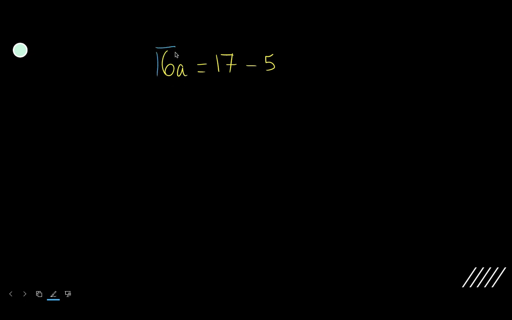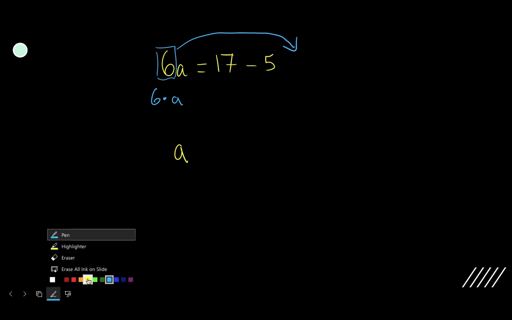So let's take away this 6, and that leaves us with just a on this side. When we move 6a to the other side, since we were doing multiplication, 6 times a, we're going to flip it to division. So a is equal to 17 minus 5 divided by 6.